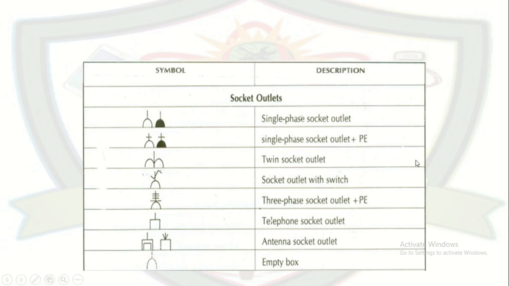Okay, you can see over here, this is socket outlet with switch. This differs from the other one. It has its switch. This is three-phase socket outlet. Here are 3 lines, and it has protectioners.